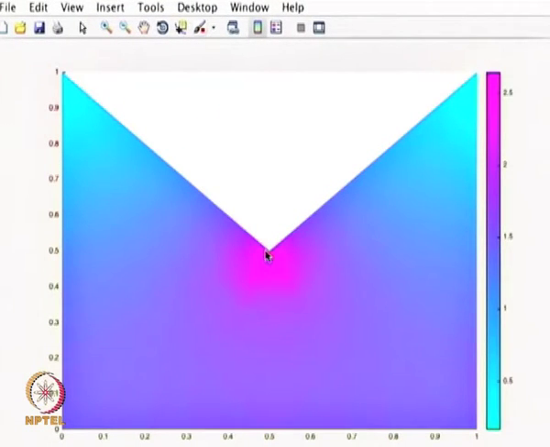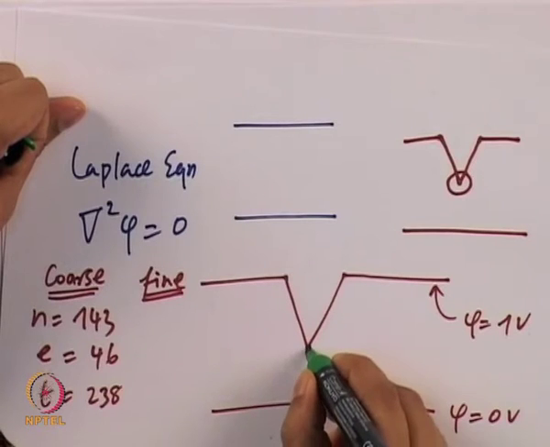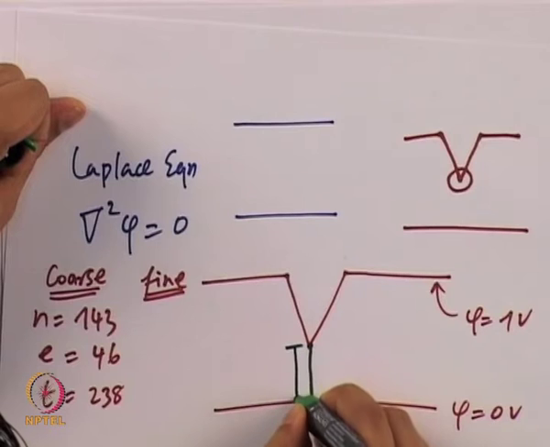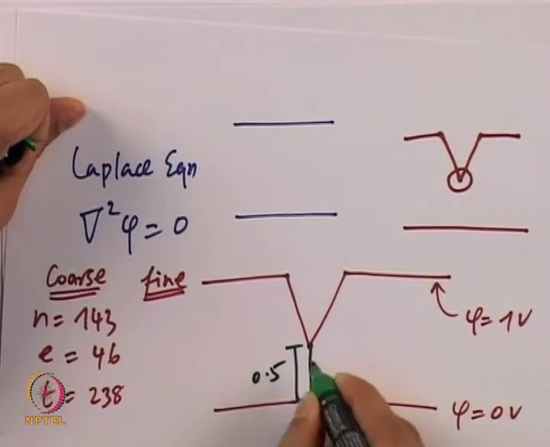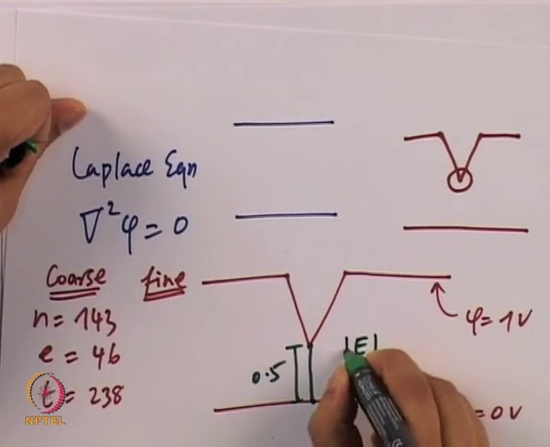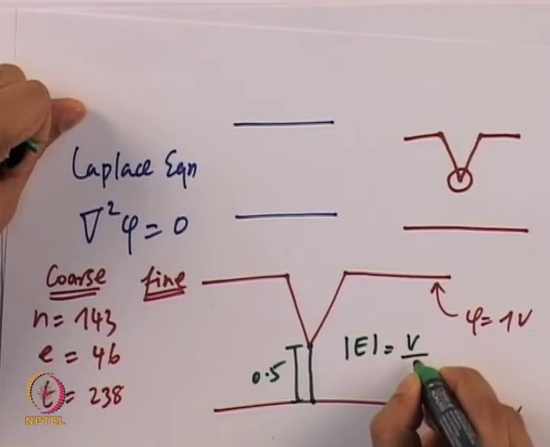The point that one has to know here is the potential at this point here is 1 volt. The potential here is going to be 0 volt. The distance between these 2 points is 0.5. So we know the electric field magnitude should be given by the voltage divided by the distance roughly.